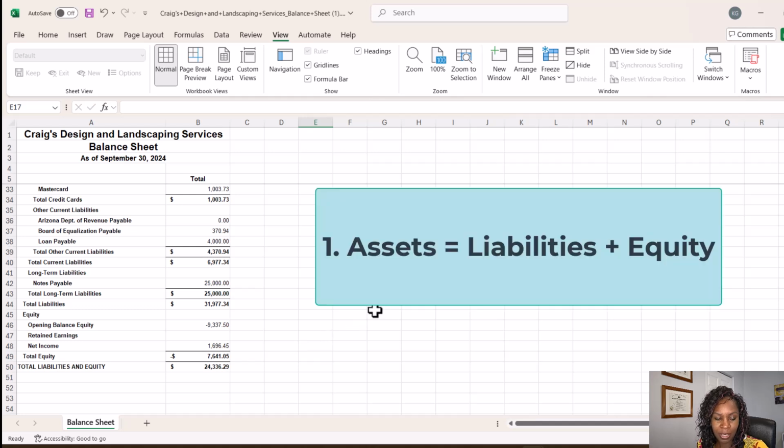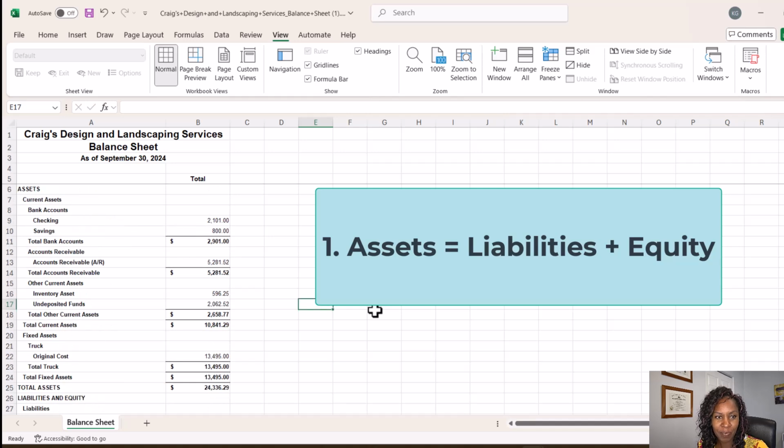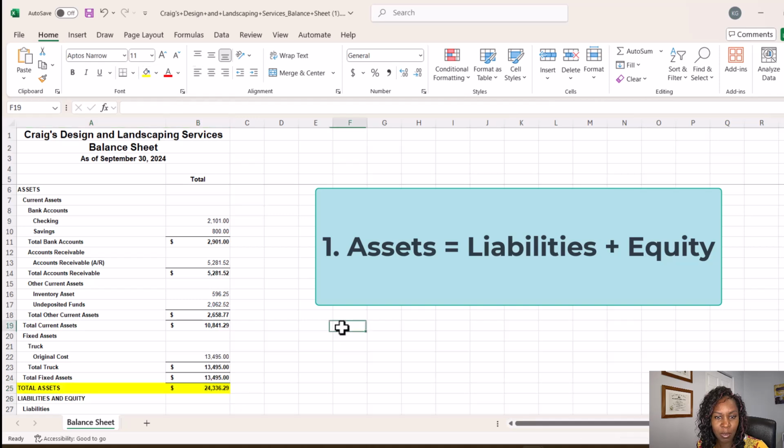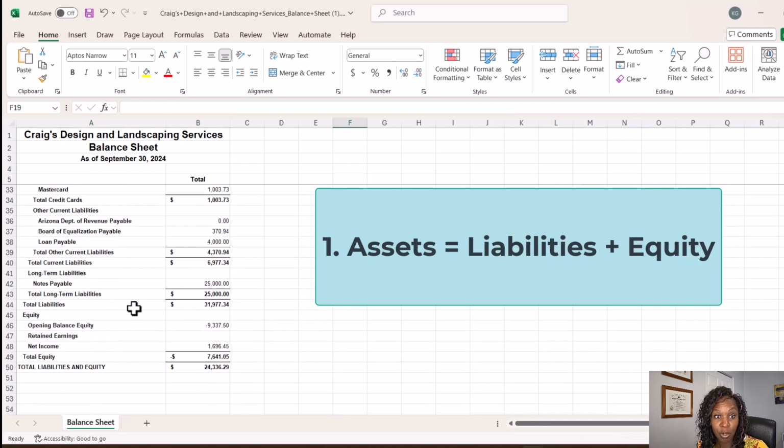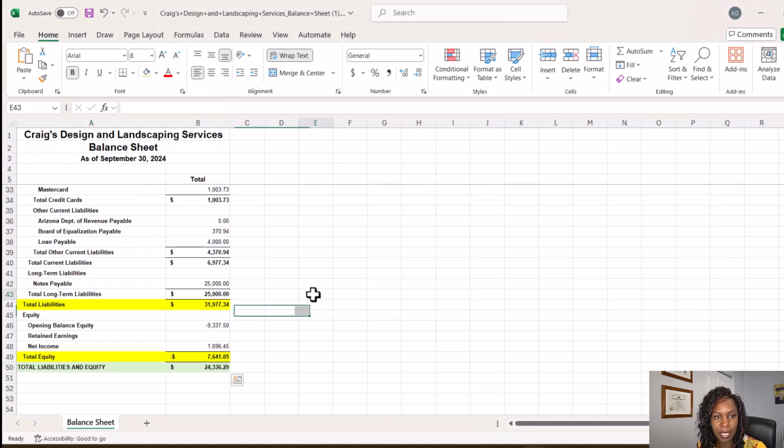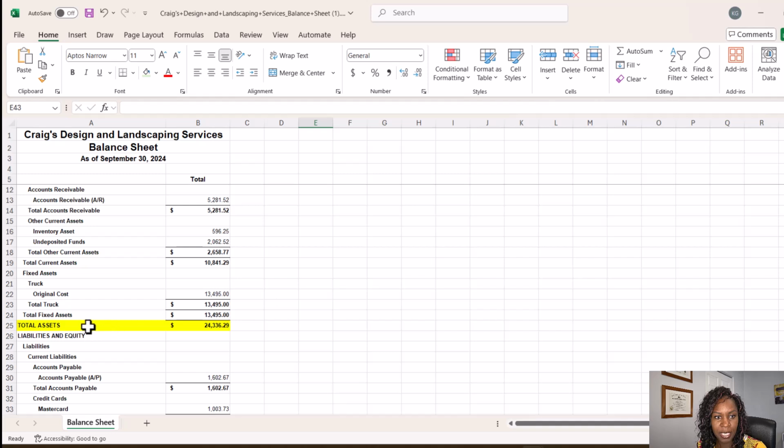That's the most basic principle right there. Your total assets must equal your total liabilities and total equity. So in this case, it is 24,336, and you'll see 24,336. Okay, that's the first way.